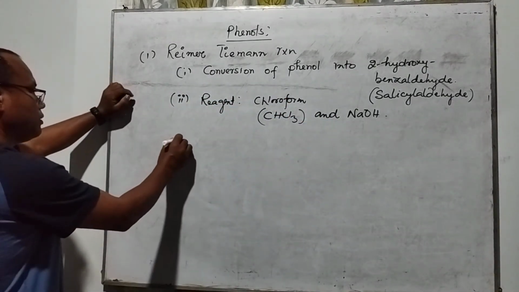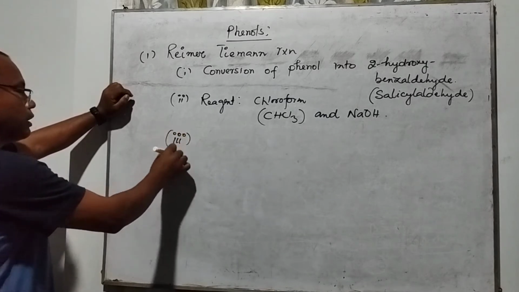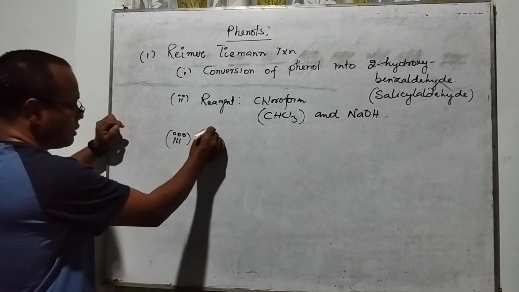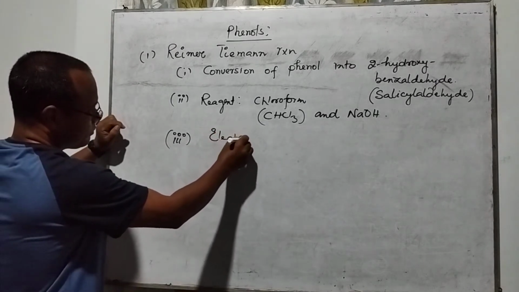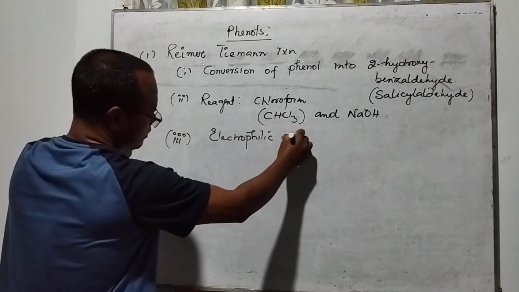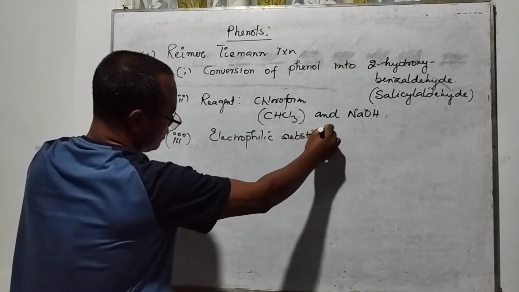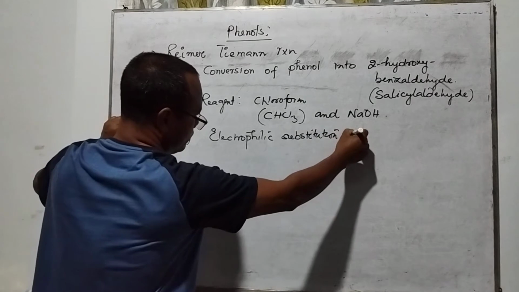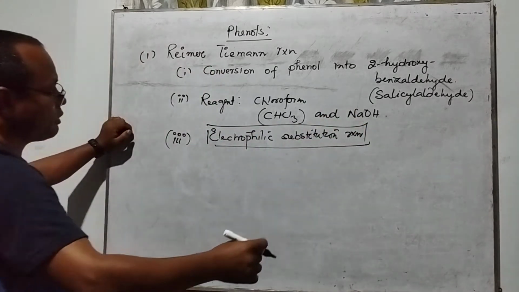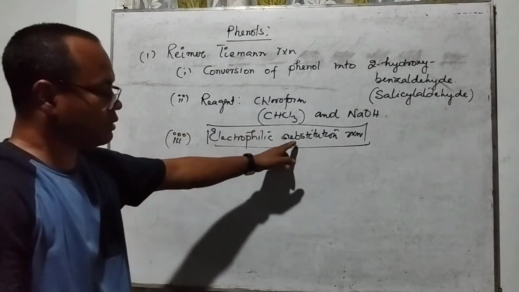Now here is the reaction mechanism followed. What is the type of mechanism followed? That is electrophilic substitution reaction. The main mechanism of the Reimer Tiemann reaction is electrophilic substitution.